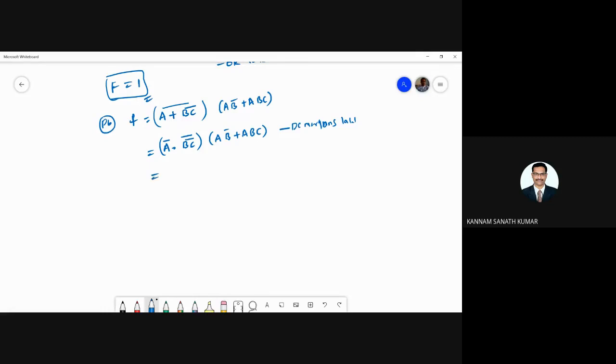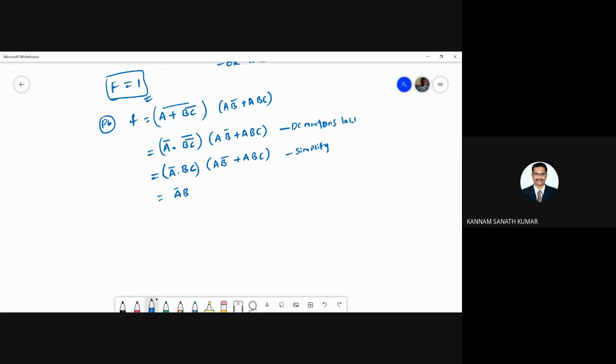So again, you are getting A bar into BC bar whole bar equal to what? BC, you are getting. Complement of complement equal to true form you are getting. AB bar plus ABC. And next, this is simplified.